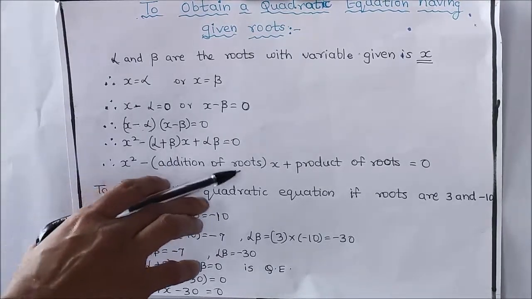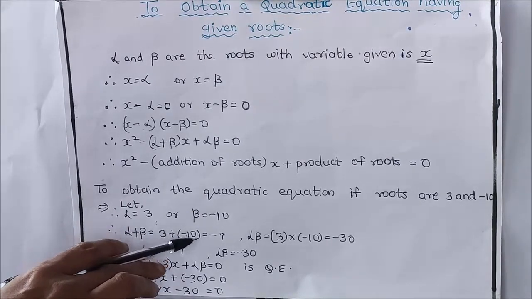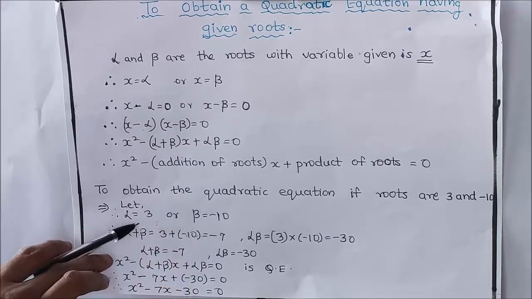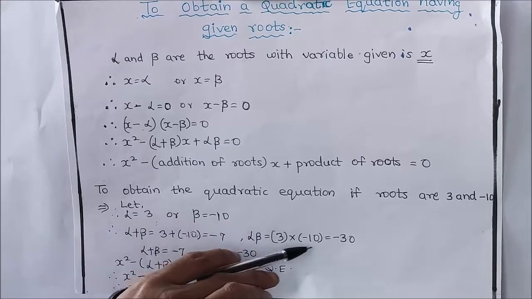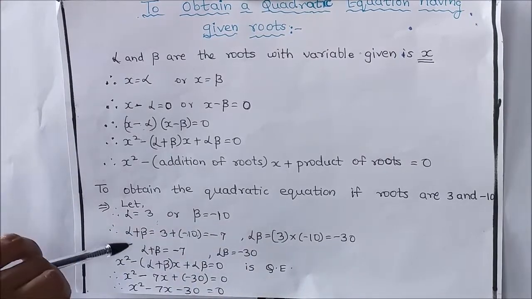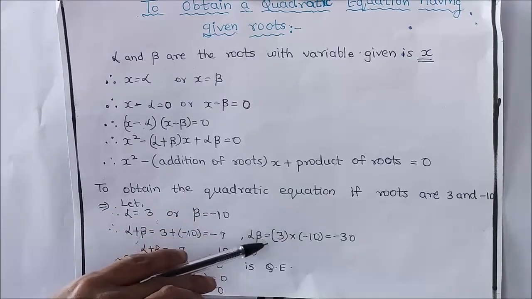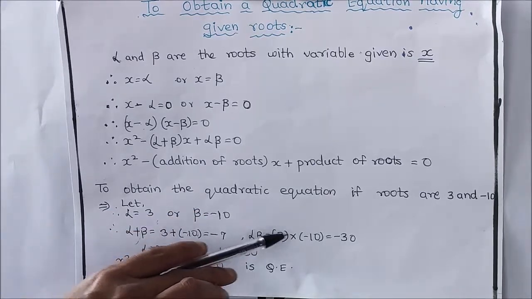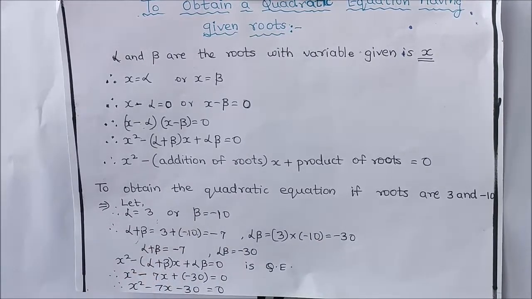Then the sum of roots will be alpha plus beta equals 3 plus minus 10, that is 3 minus 10, that is minus 7. And the product alpha into beta is 3 into minus 10, which is minus 30. So the product of the roots is minus 30 and their sum is minus 7.